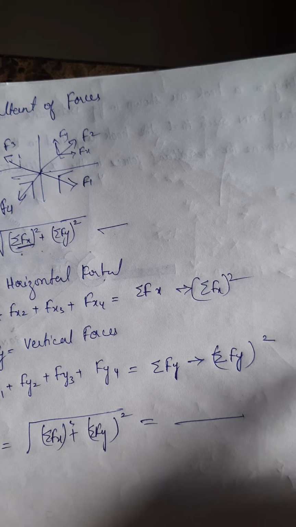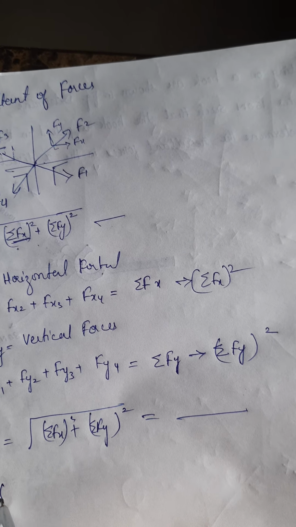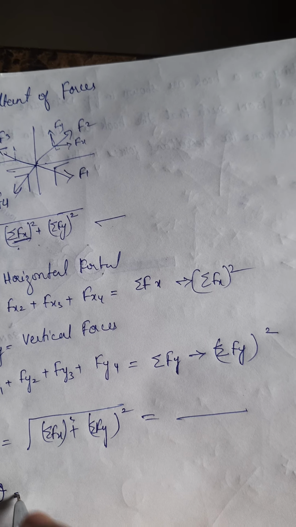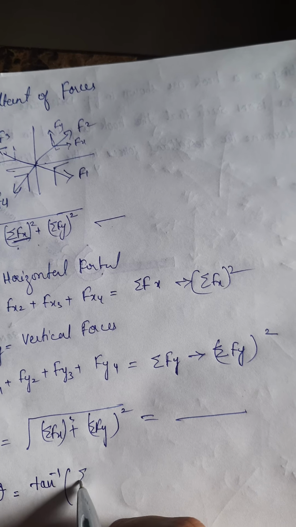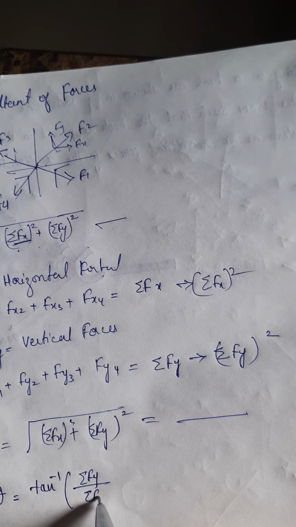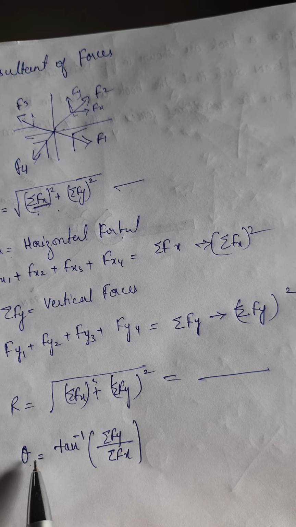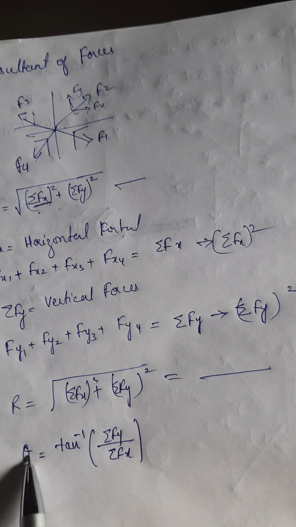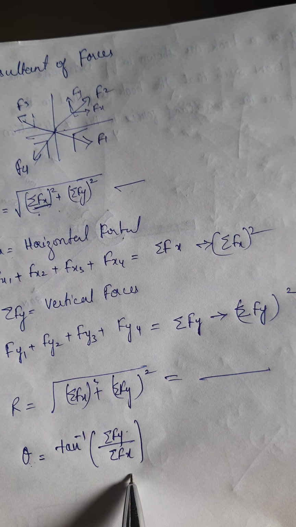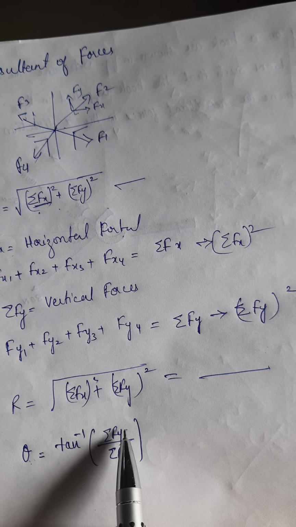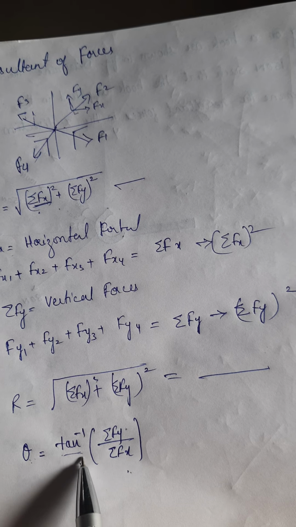And the direction is nothing but the inclination of the resultant. The inclination is always with respect to the x-axis here, because we are considering tan inverse of sigma f of y by sigma f of x. This is the formula. By seeing this formula, we can see the theta angle is with respect to x always, because in the numerator is f of y by f of x, vertical, opposite side, divided by horizontal, and here sine by cos gives a tan.